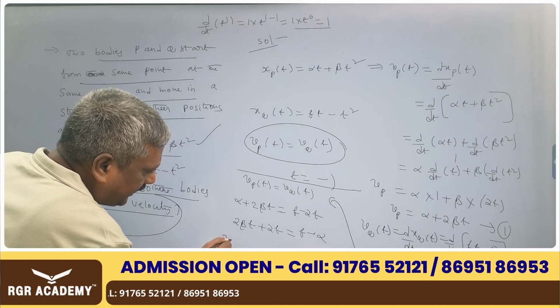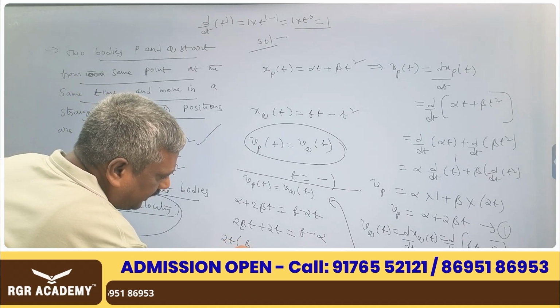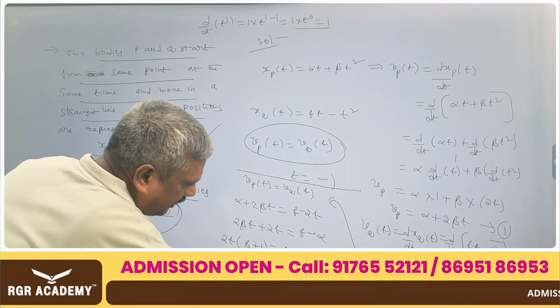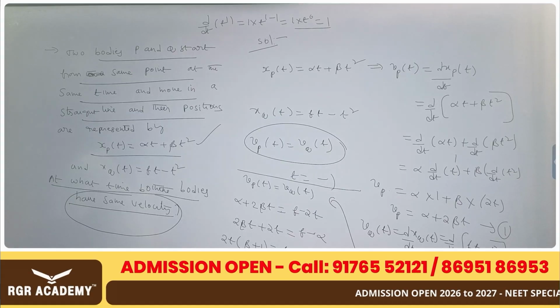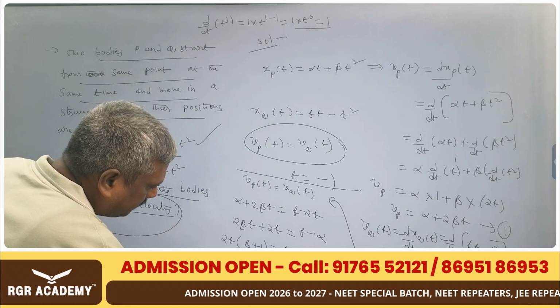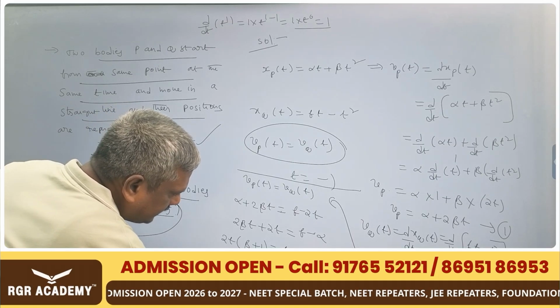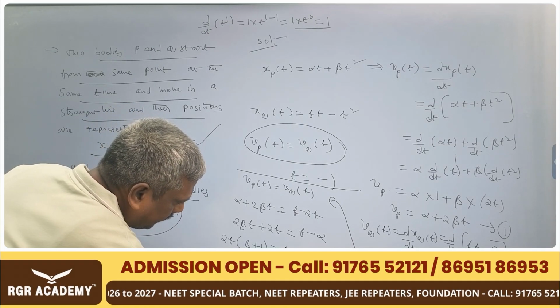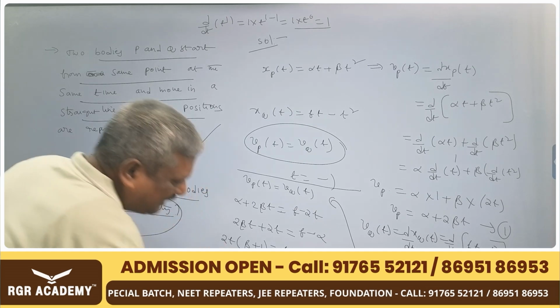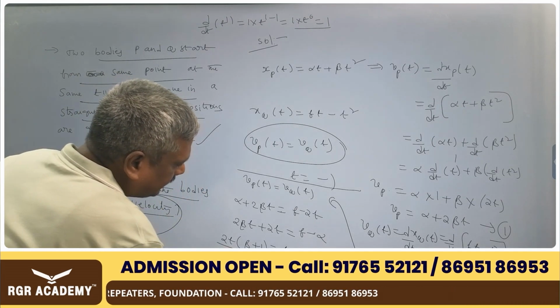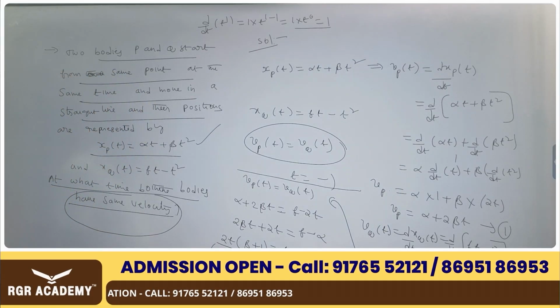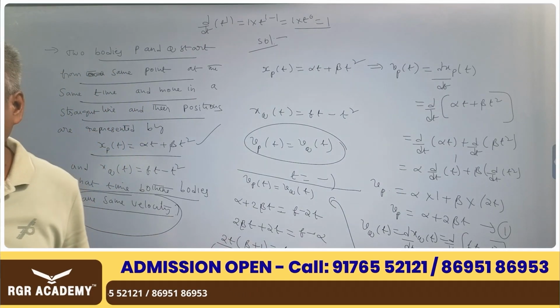Then 2t is taken as common: 2t into beta plus 1 is equal to f minus alpha. Therefore, finally t becomes f minus alpha by 2 into beta plus 1. This is the final answer, right?